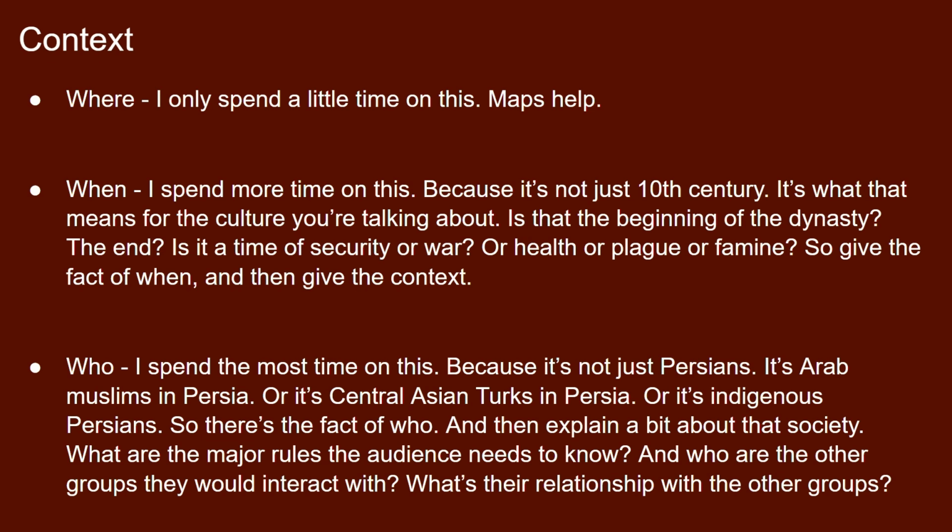That little bit of background, that little bit of stage setting, makes everything you're talking about connect a little bit more, and it makes it more relevant. So in 5 sentences, roughly, I give them where, when, and who with enough context that things mean a little bit more.